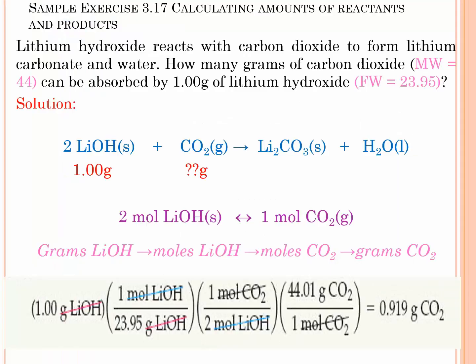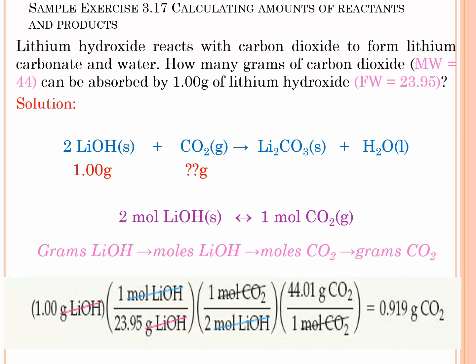Another sample exercise, calculating amounts of reactants and products. If you are given the following reaction, lithium hydroxide reacts with carbon dioxide to form lithium carbonate and water. How many grams of carbon dioxide, molecular weight 44, can be absorbed by 1 gram of lithium hydroxide, formula weight 23.95?